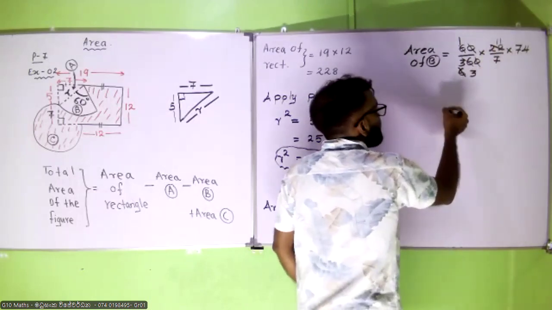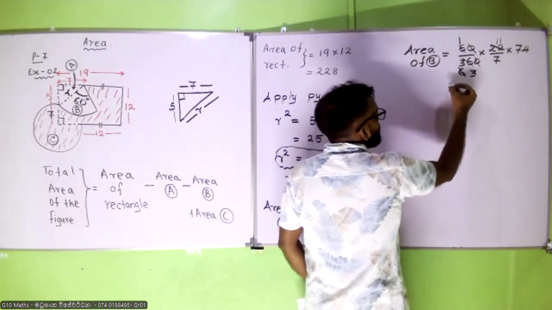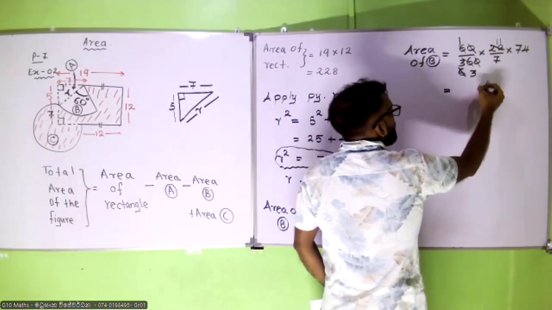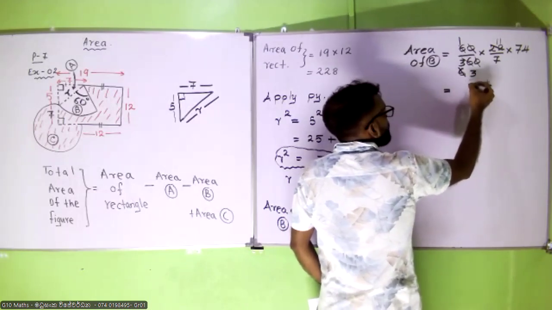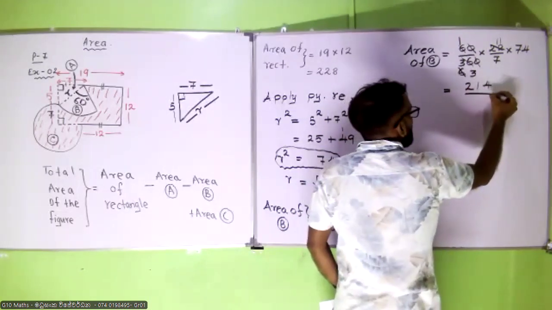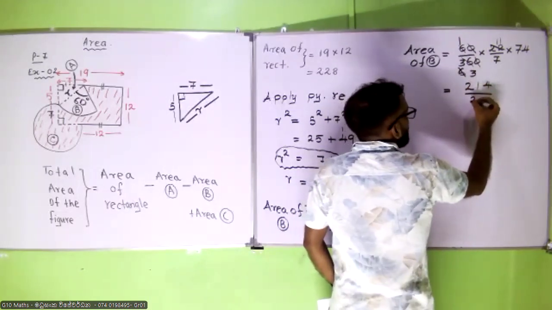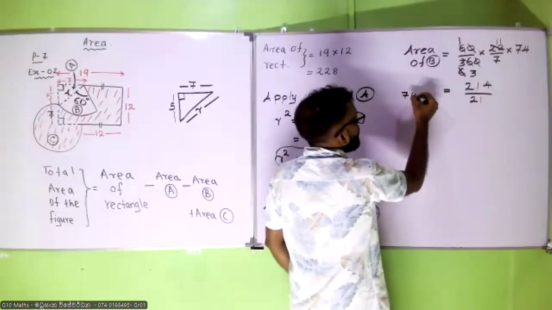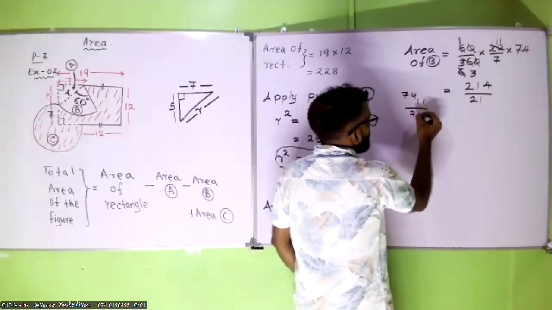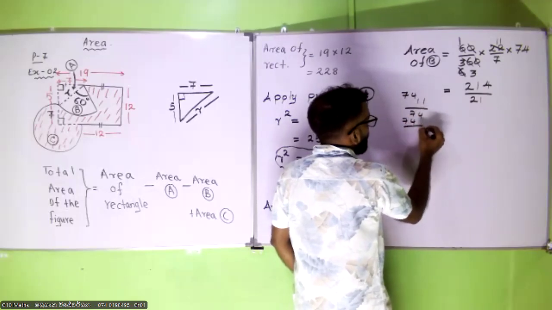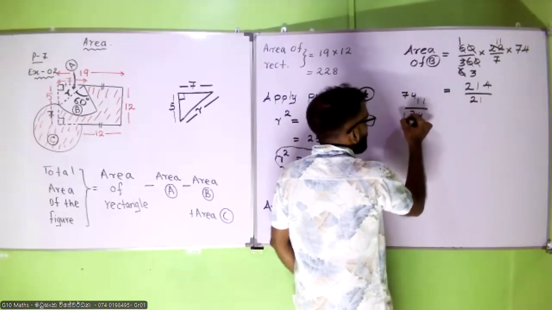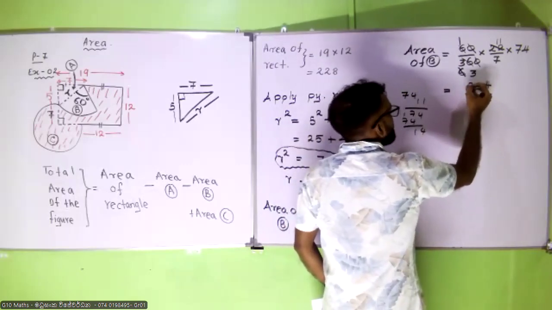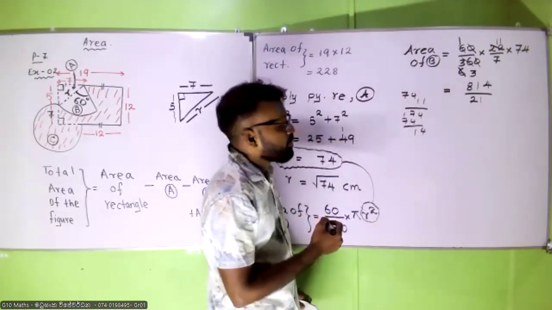So multiply 74 by 11, over 6 times 6 times 21. 74 multiplied by 11 is 814. 814 divided by 21.